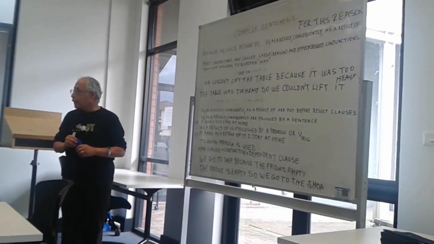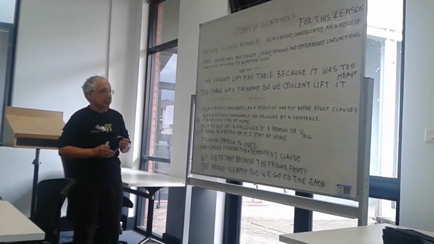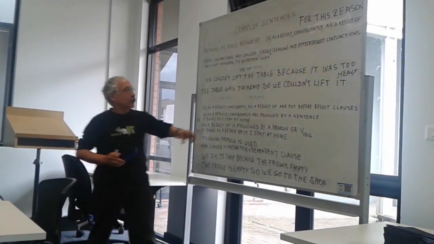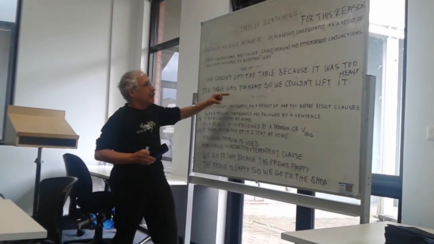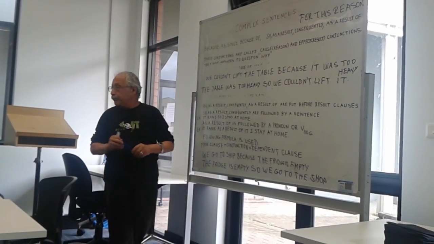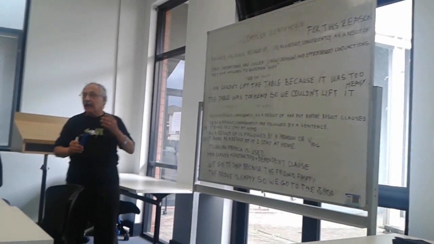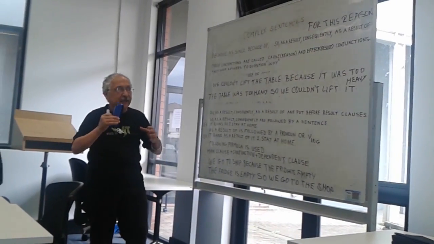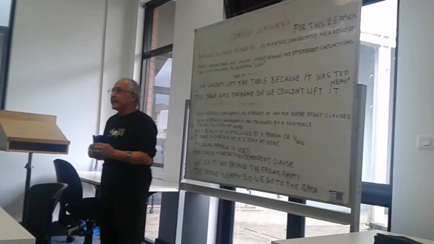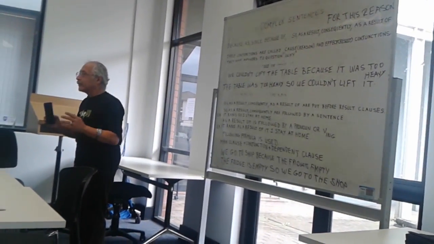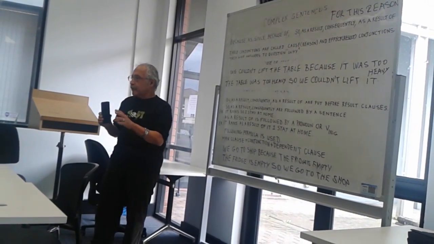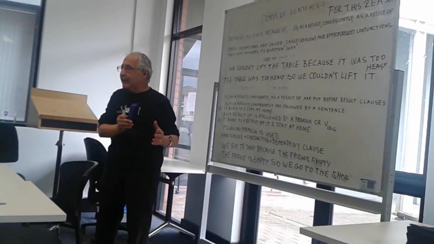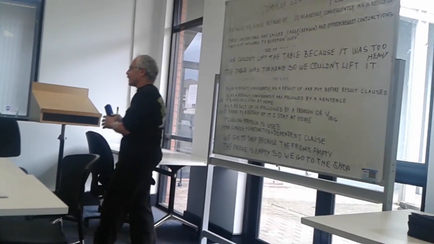Teacher, it was in the past tense? Yes, past tense. Because this is past tense and the other one is past tense also. Remember when we started the complex sentences, I said there are tense agreements between main clauses and dependent clauses.